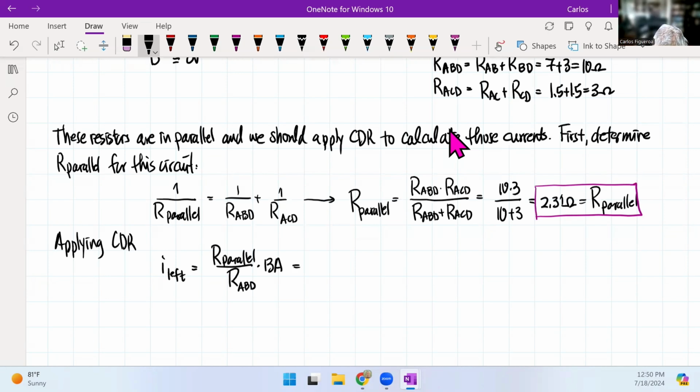So this will be 2.31 over 10 ohms times 13 amps, and I get a value of 3 amps, and that's the current to the left.